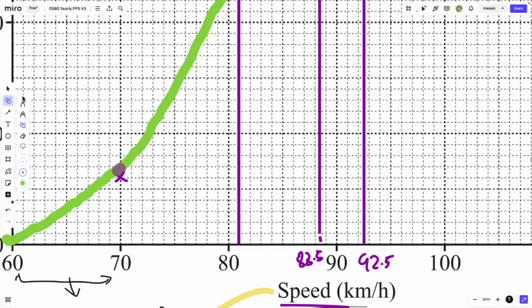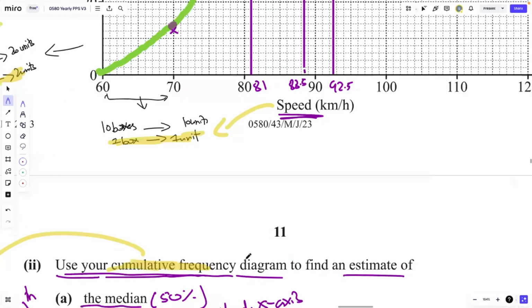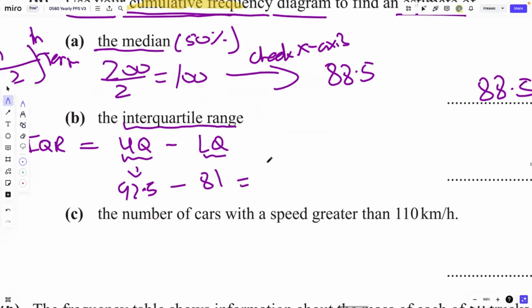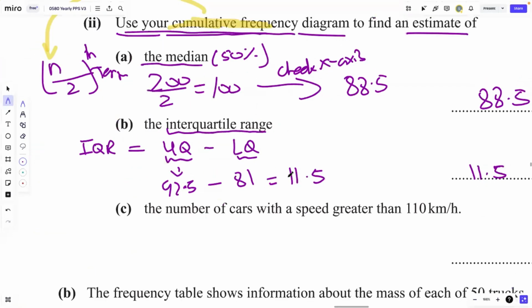So we're getting somewhere around 81. And when you subtract them, we'll get 11.5 as our interquartile range.